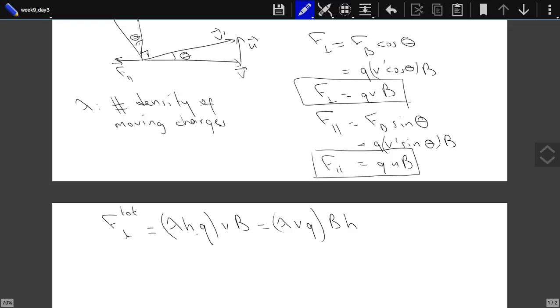So I have lambda of them per unit length, and the length is h, so in total I have lambda h of them. q is the charge of each one. I can just rewrite this in this form, lambda times v times q. This time lambda is the number density, q is the charge of each one. So lambda times q is the total charge density, multiplied by the speed, that is nothing but my current. This is equal to I times v times h.